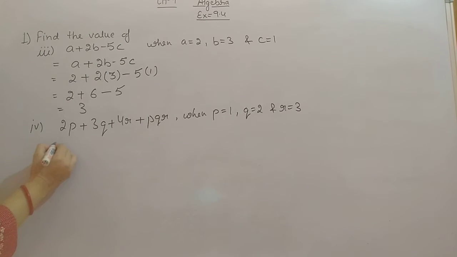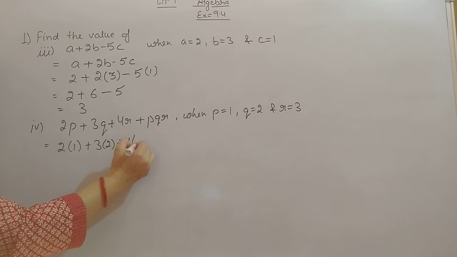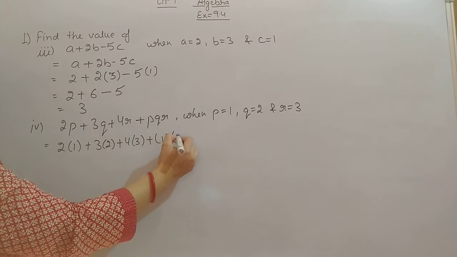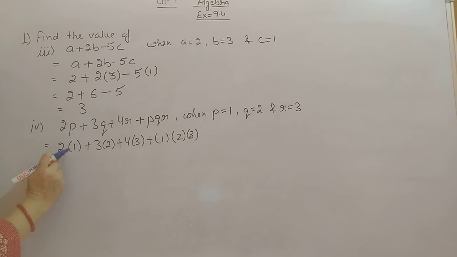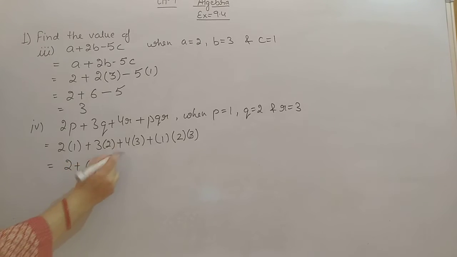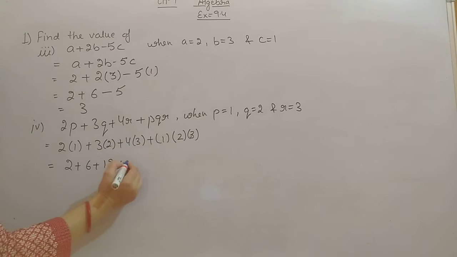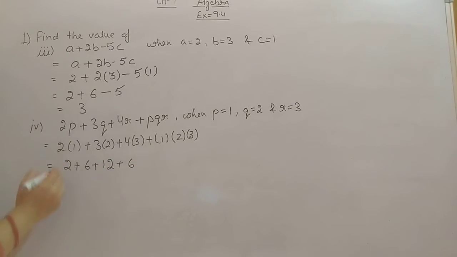So substitute values here: 2, p is 1, plus 3, q is 2, plus 4, r is 3. Then p value is 1, q value is 2 and r value is 3. 2 into 1 is 2, 3 into 2 is 6, 4 into 3 is 12. Then 1 into 2 into 3 is 6. 2 plus 6 is 8, 8 plus 12 is 20, and 20 plus 6 is 26.